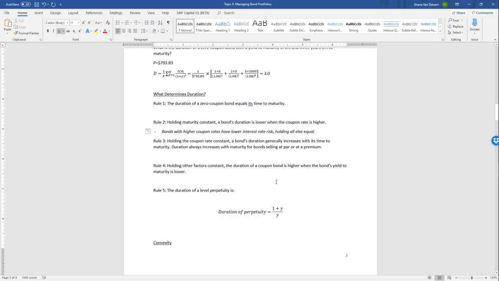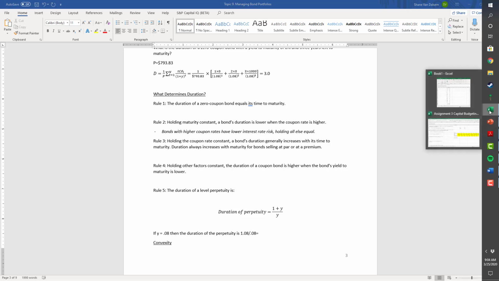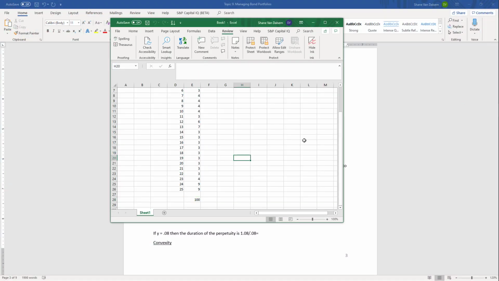So, for example, if the yield to maturity is 8%, then the duration of the perpetuity is 1.08 divided by 0.08, which is equal to 13.5.